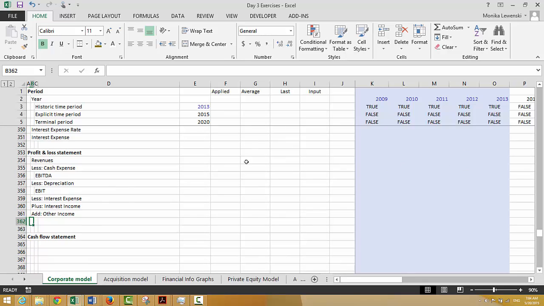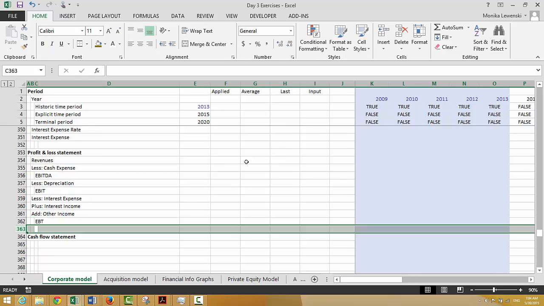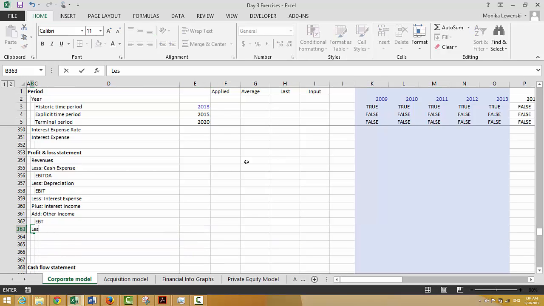And then after we do this, we can get our EBT, and then we could put some net operating loss in here, but right now I'm just going to put less taxes, and then get earnings, total earnings, and then we can also put less minority interest in this one.